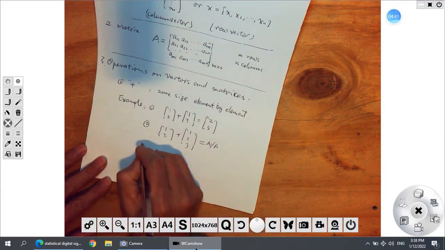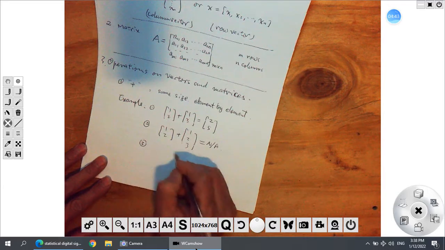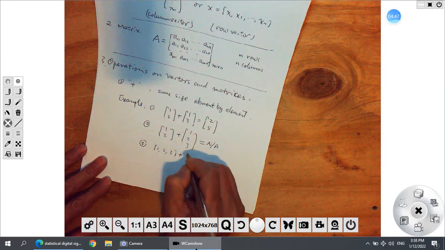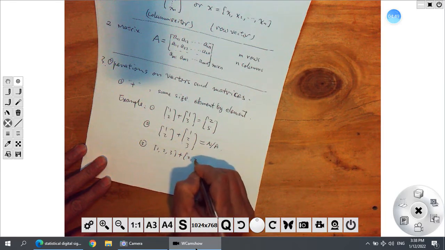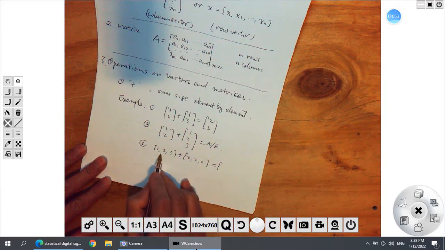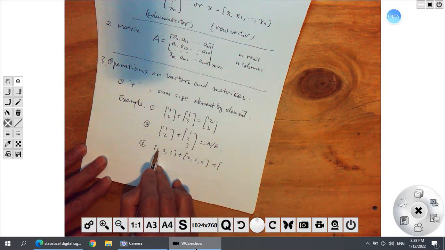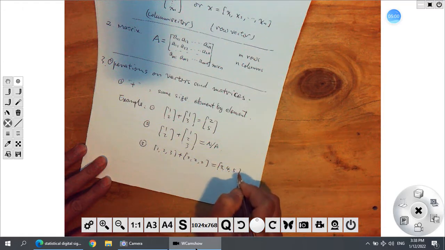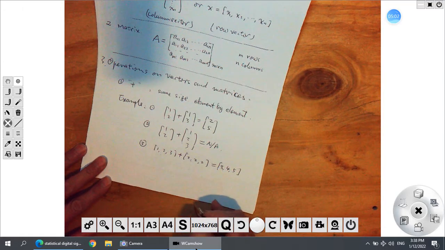Like the third one, I have (1, 2, 3) plus (2, 2, 2) equal to, okay, same size. Then element by element, I have (3, 4, 5). So we can do this kind of summation, right?